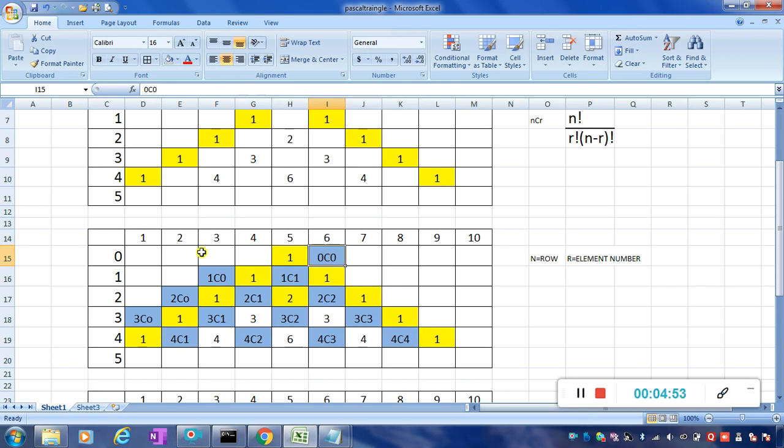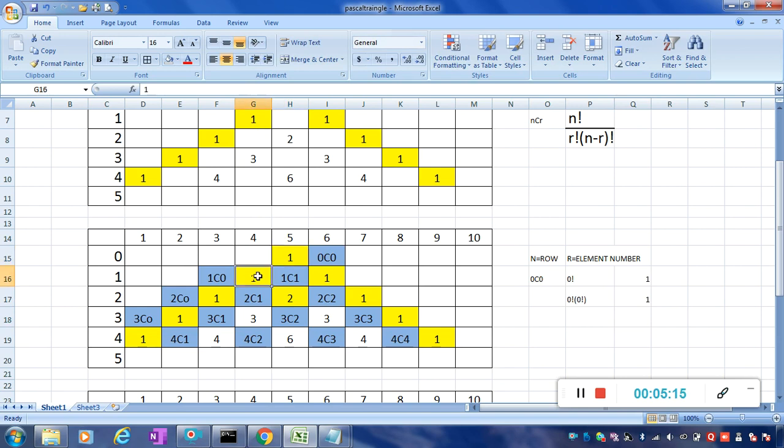Now the first is nothing but 0C0. We all know 0 factorial upon 0 factorial multiplied by 0 factorial, and 0's factorial is 1, so this is actually 1 by 1, and the answer we got over here is 1.